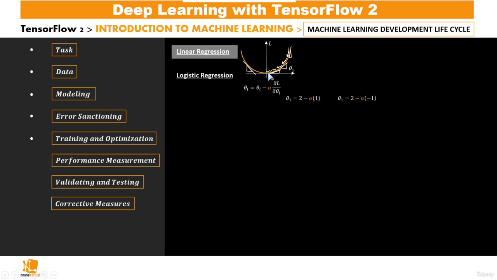But now notice that with this kind of loss function, which we had seen earlier to represent the mean square error, the closer we get to the optimal point, or this minimum point, the smaller these steps get.